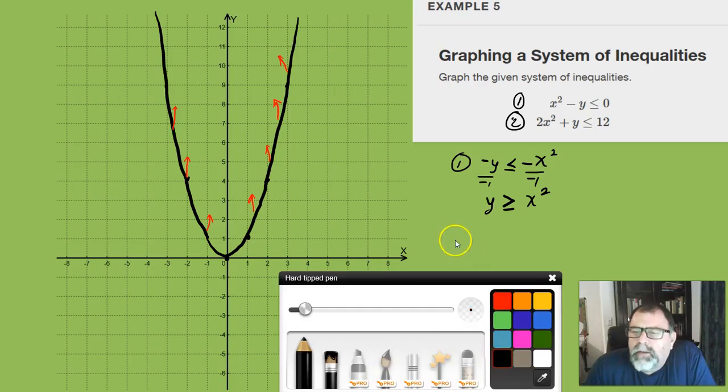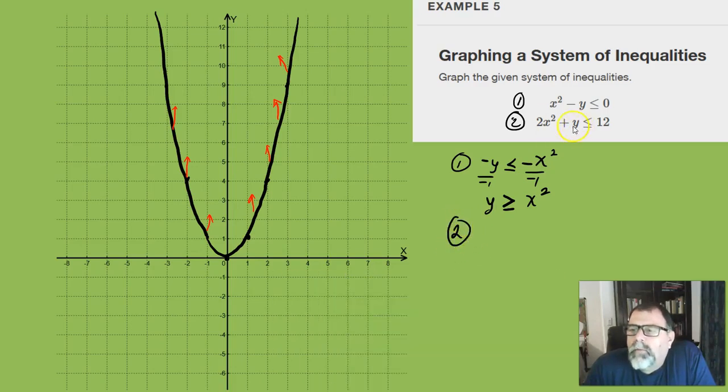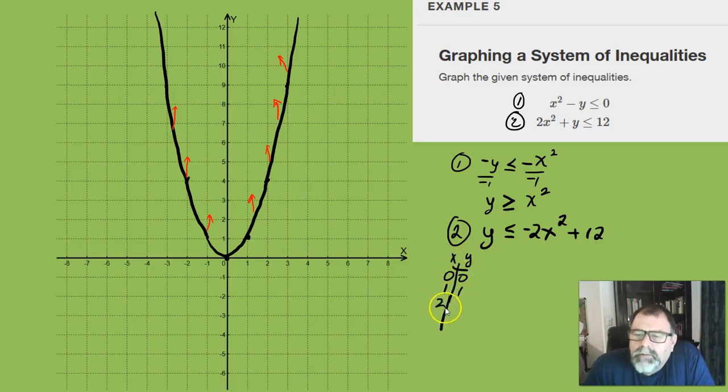Now let's do the inequality for 2. I want to get y by itself, so I just subtract 2x squared. This is our basic parabola: (0, 0), (1, 1), (2, 4), (3, 9). But then we're going to multiply by -2, so the negative flips it upside down, and the 2 makes it skinnier.